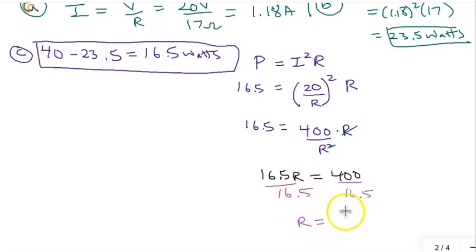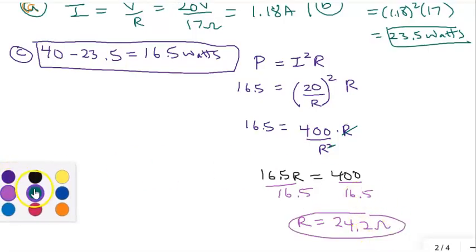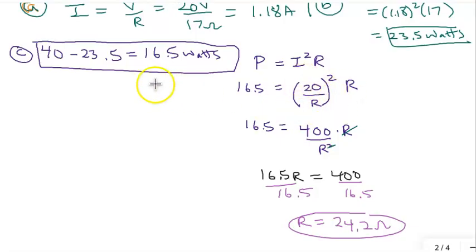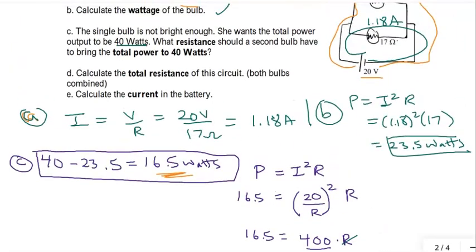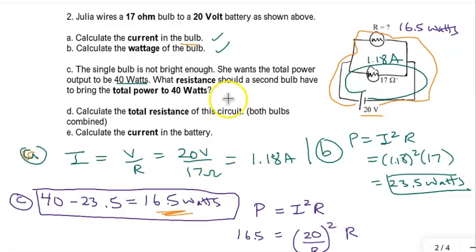And we get R equals 24.2 ohms. Okay, so a multi-step problem and a little bit of algebra. But you all have been doing great at that, you've done it on some worksheets and labs and tests. So awesome. So we know what the resistance is. Let's put that up here, 24.2 ohms.